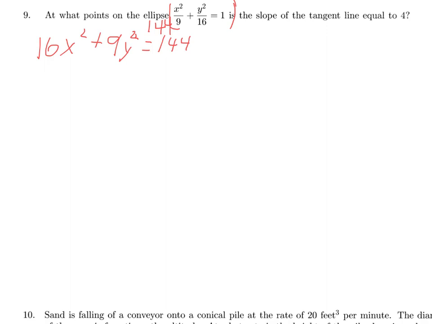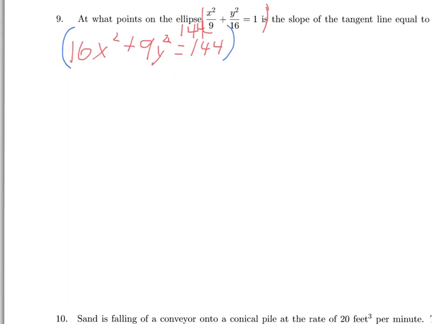What we're most concerned with is the slope. When is the slope equal to 4? Well, to find the slope, we just take the derivative. We're looking for the slope, so our derivative is with respect to x, d dx, the derivative of the function with respect to x, and the derivative is going to be 32x plus 18y, y prime, equals 0.